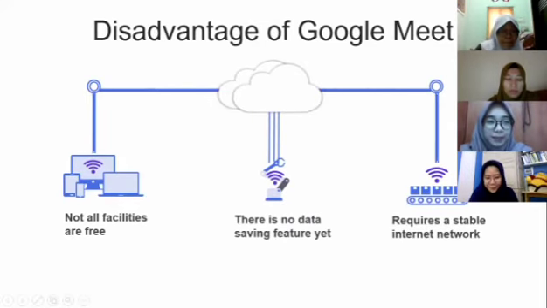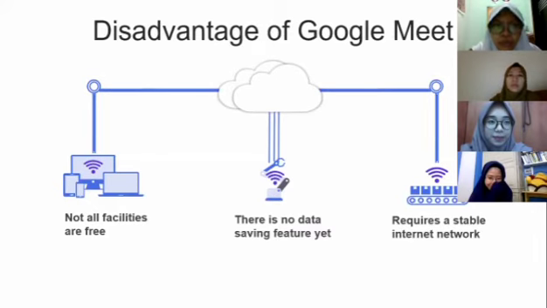Okay, there are three disadvantages of Google Meet. First is that not all facilities are free. For example, for inviting 100 participants, we must register first with Google and spend some money to get these features.